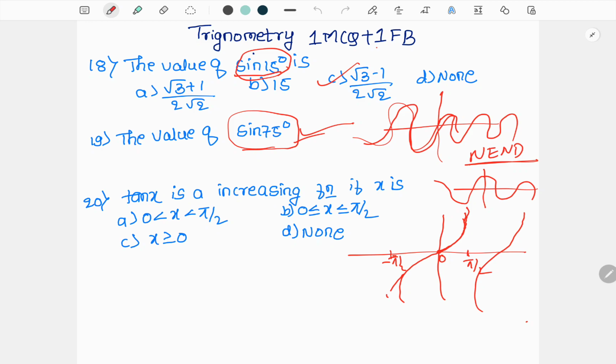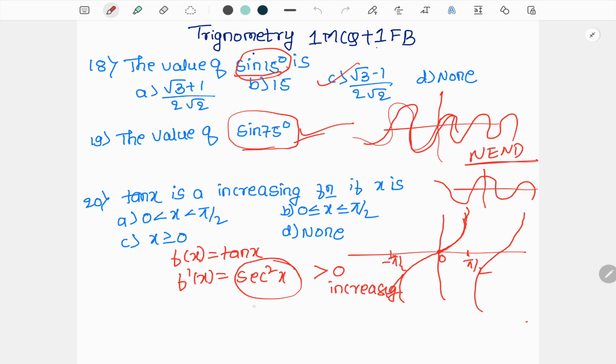Another method is, if you know differentiation of the given function, what is the differentiation of tan? Secant square x. Check, dear students, in which quadrant this function is positive. In that quadrant the function is increasing. If you want decreasing, check where the derivative is negative. In that quadrant it is decreasing.